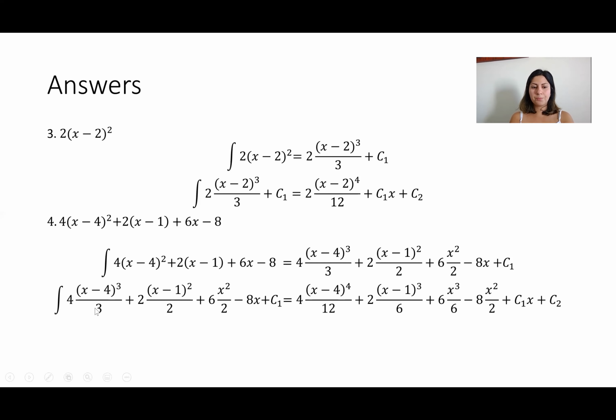So we have this term, 4 times x minus 4 cubed divided by 3, that would turn to 4 times x minus 4 to the power of 4 divided by 12, plus 2 times x minus 1 cubed divided by 6, plus, for this term, 6 times x cubed divided by 6, and for this term, 8 times x squared divided by 2, plus, you have a constant here, so that would be plus c1x and another constant, which is c2.